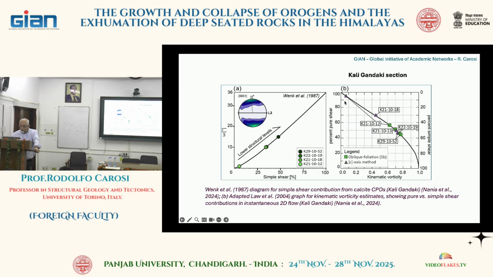In this kind of graph, there is a percent of pure shear and kinematic vorticity, and also in this case, from the more distant upper portion, going down, down, down, the simple shear increases, derived from this kind of complex calculation by the C-axis of calcite.